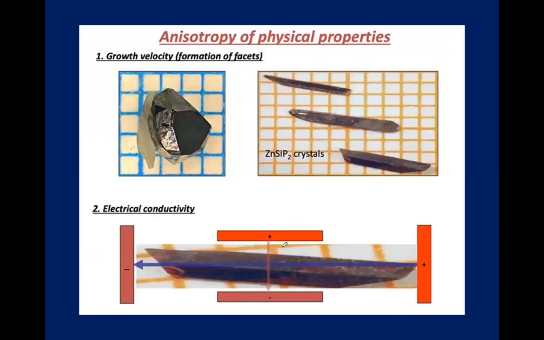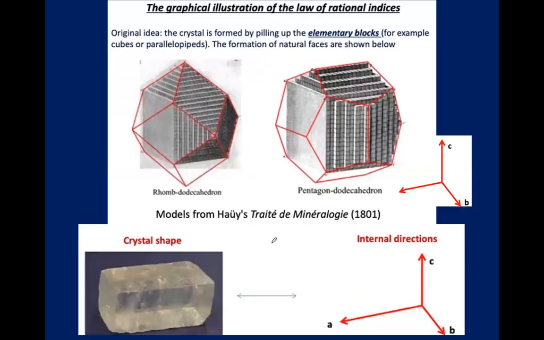Conductivity also behaves like that: in one direction it's different, and in the other direction the behavior changes differently, right? So this is an important feature of minerals. You have to keep in mind that these physical properties can vary depending on their internal crystal structure.